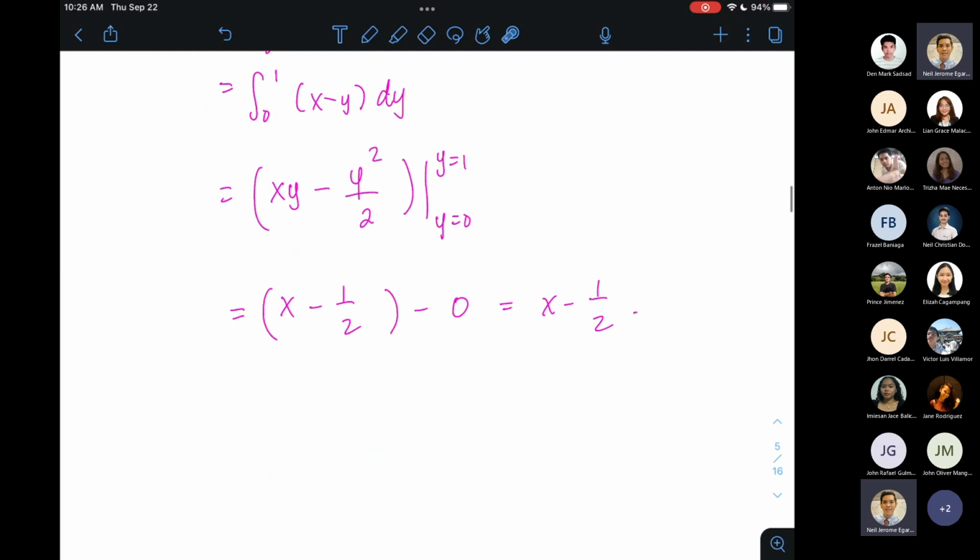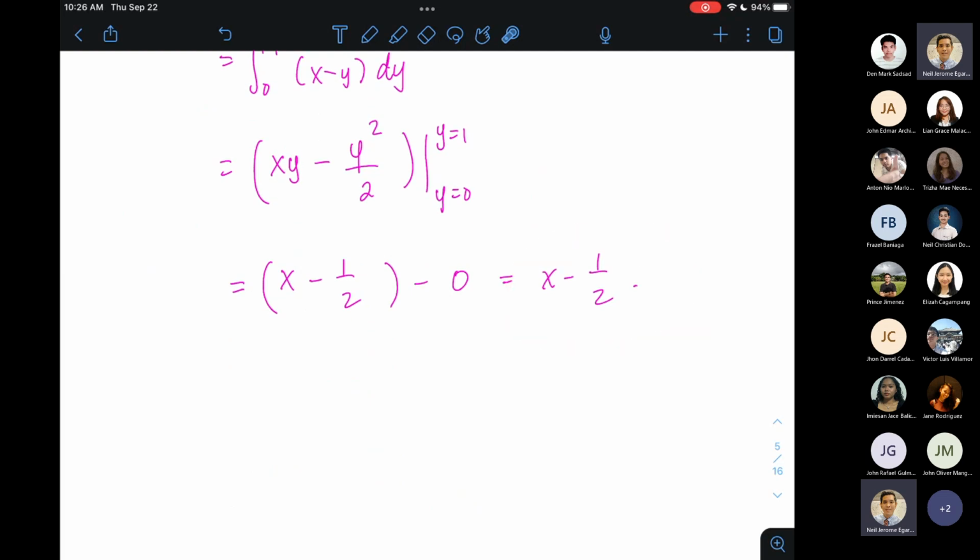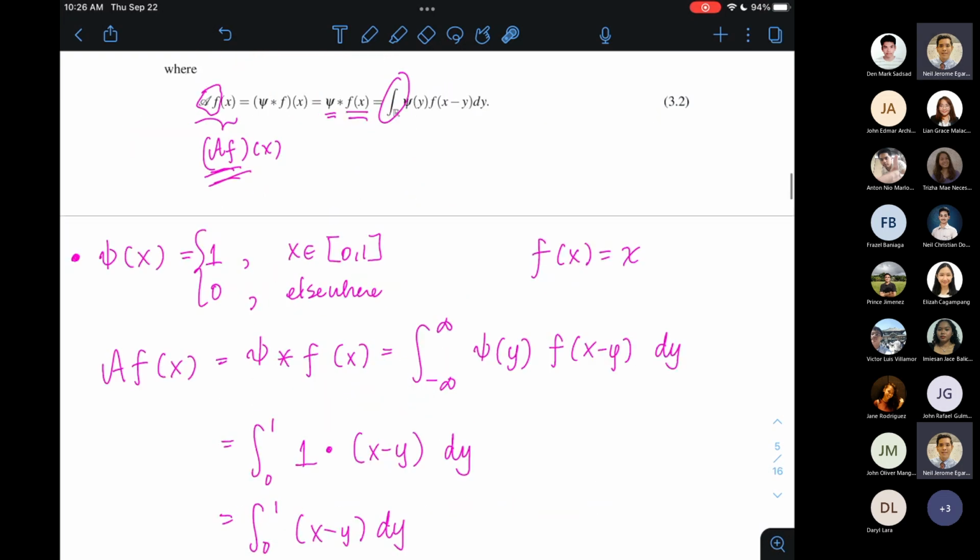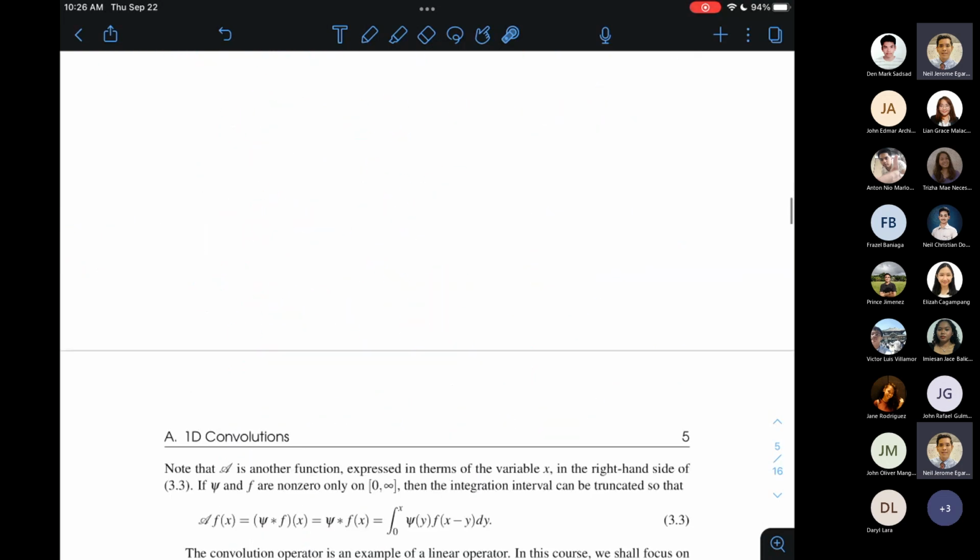What we get back is not the identity function anymore, but the translation of the identity function. So medyo nagkaroon na ng time delay dun sa identity function, naging x minus 1/2 na siya. Okay? Any questions with that example? Clear pa? Okay, hopefully it is. Just let me know if there are some questions.